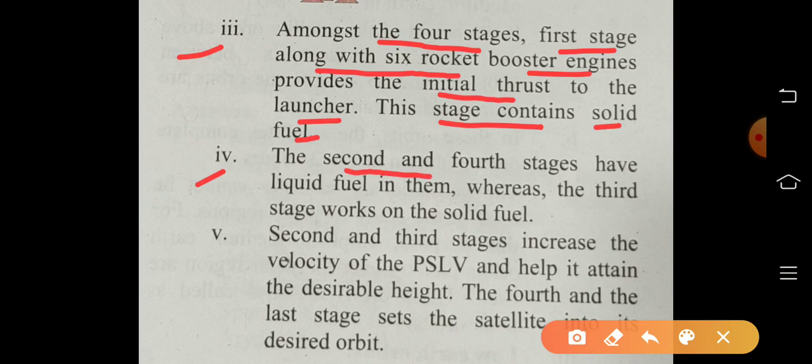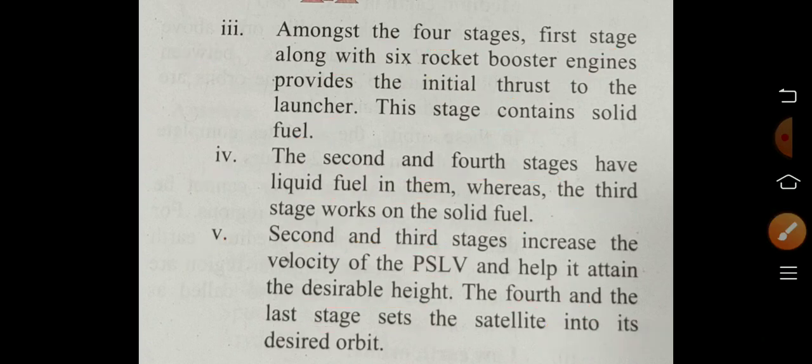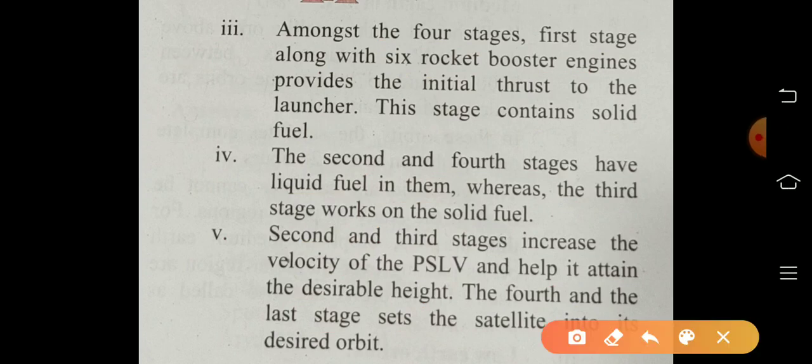The second and the fourth stages have liquid fuel in them, whereas the third stage works on solid fuel. Next point. Second and third stages increase the velocity of PSLV and help it attain the desirable height. The fourth and the last stage set the satellite into its desired orbit.